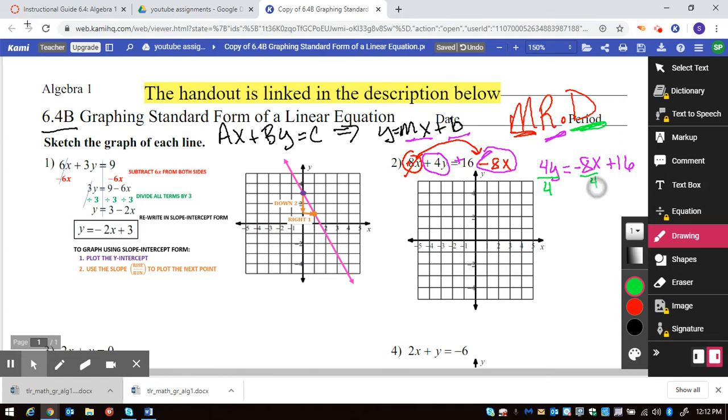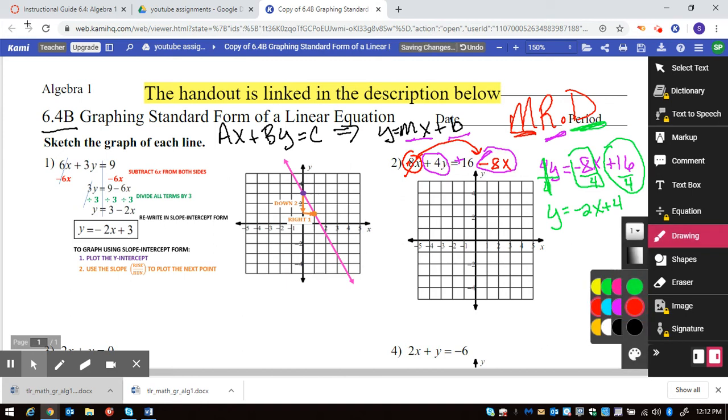The number with the y is also known as a coefficient, because you want 4 divided by 4 is equal to 1y. You don't have to write the 1 if you don't want to. Some people prefer to. Negative 8 divided by 4, well, that reduces to negative 2. Don't forget the x. And 16 divided by 4 is positive 4.